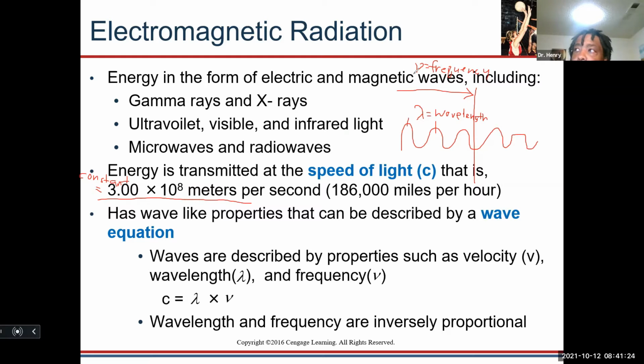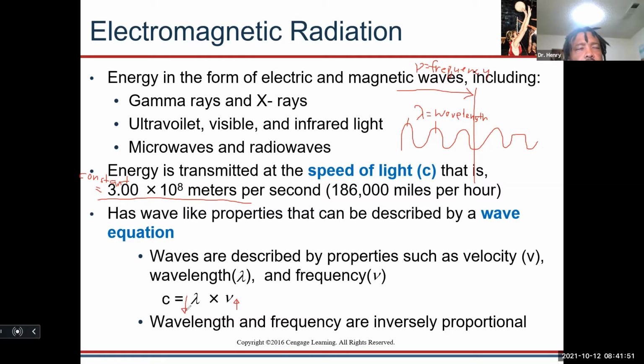So that means our frequency and our wavelength are going to have to change when they're together. As the frequency increases, the wavelength is going to decrease. This is that funny looking V that I draw, that's frequency. As that increases, the wavelength is going to decrease.